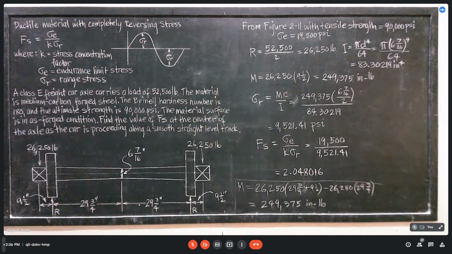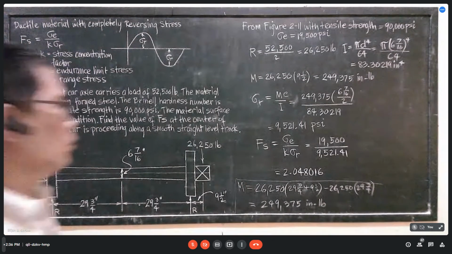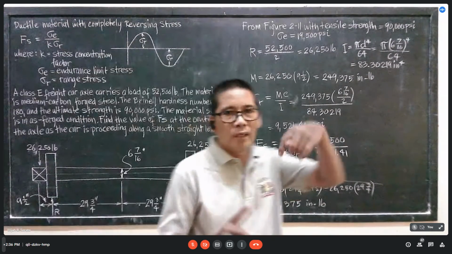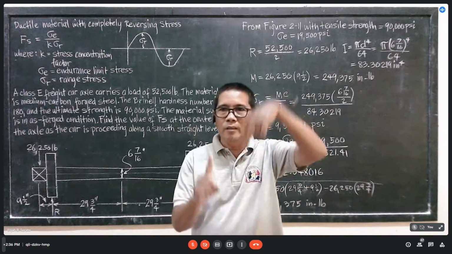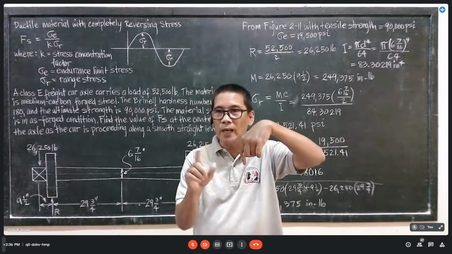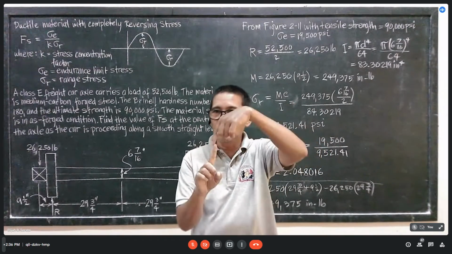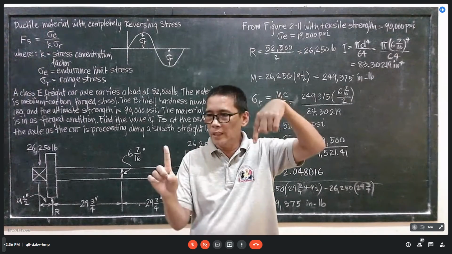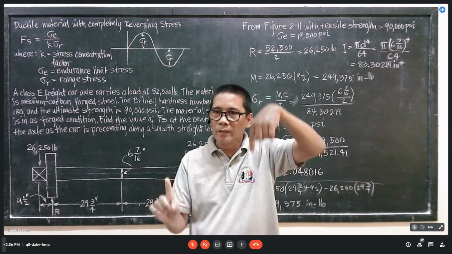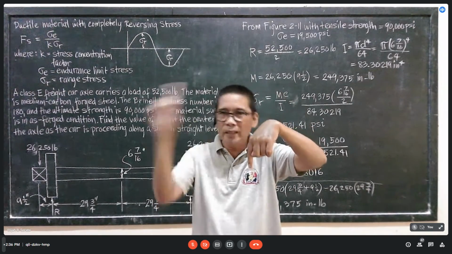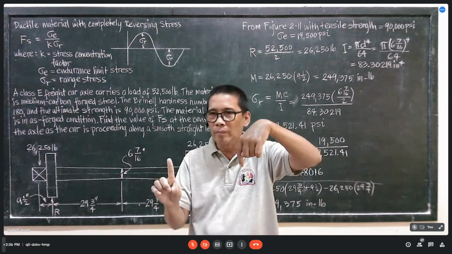But what is important there is that a couple is two forces in opposite directions but spaced apart. They are not joined, but they are spaced apart. Their moment, even if you take it anywhere, will be the same.